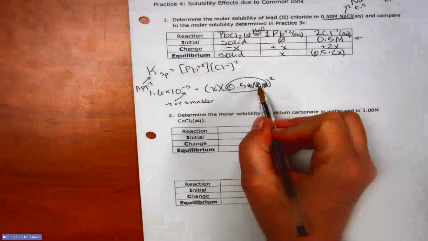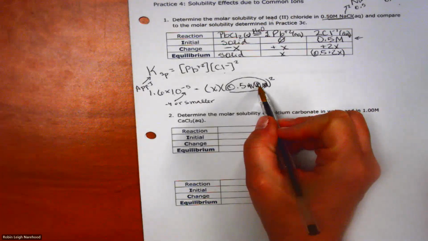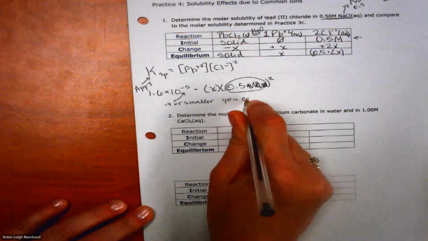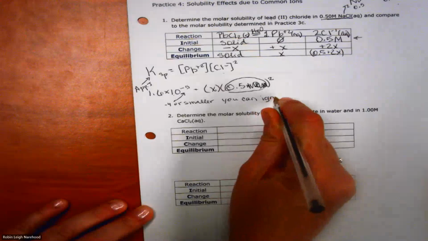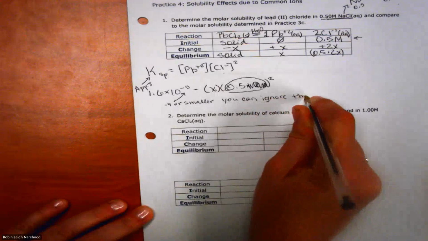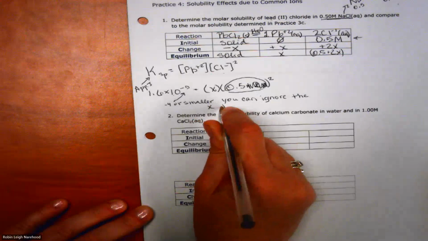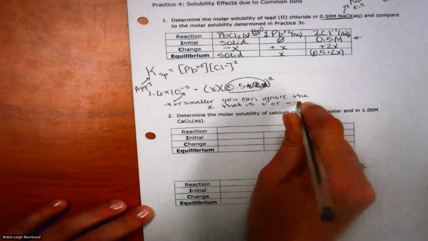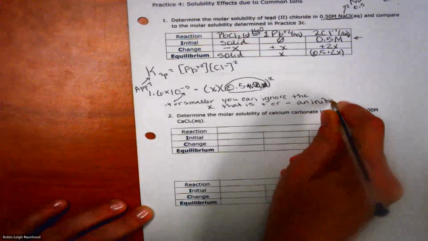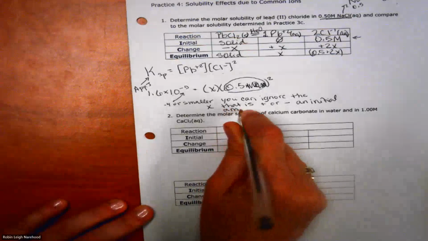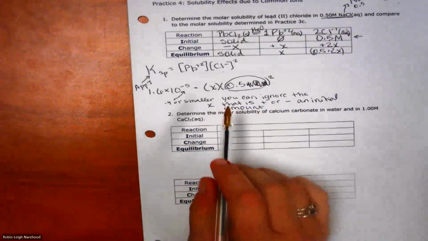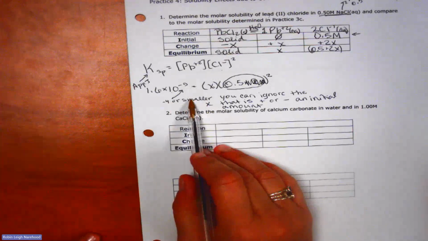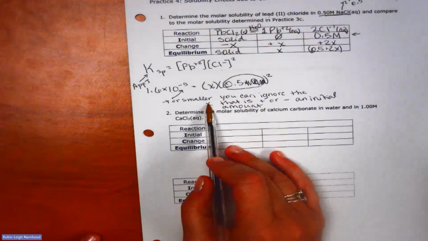This is just a math simplification. So if your constant is negative 4 or smaller, you can ignore the X that is either plus or minus an initial amount.